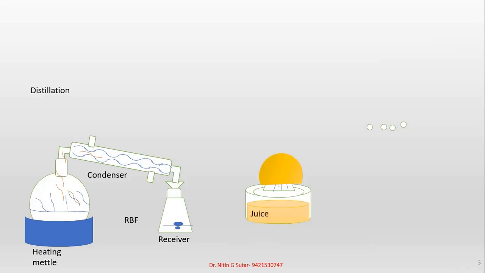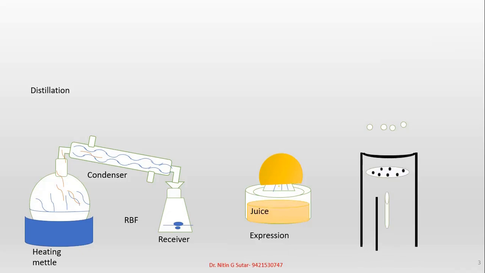Next one is the macerator, or we can say the percolator, where conical stainless steel pots should be present. At the bottom of that there should be a sieve, where we load the drug material whose volatile oil extraction or isolation is to be carried out.